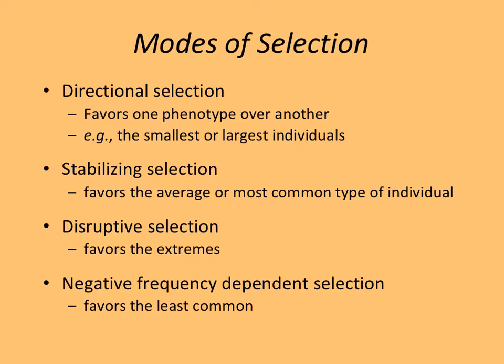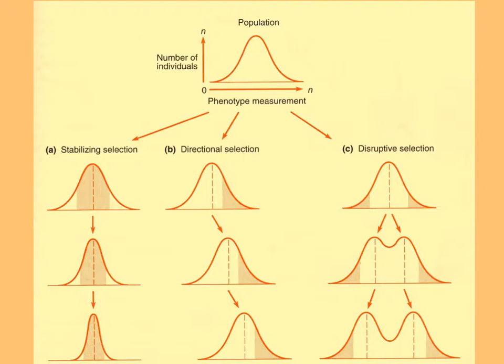Okay, and a good example of directional selection is smallest to largest. So we're going to go through all of these: stabilizing, disruptive, negative frequency. But this is basically what it looks like.